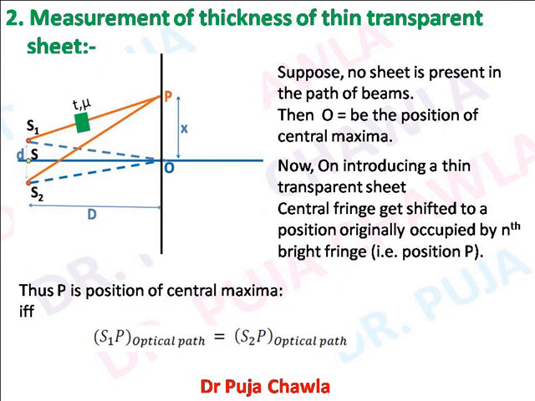And now P is the position of central maxima. In a nutshell, I may conclude that when a thin film is present in the path of one of the interfering beams, the central maxima is that point P, which was originally the position of the nth bright fringe when no film was present.